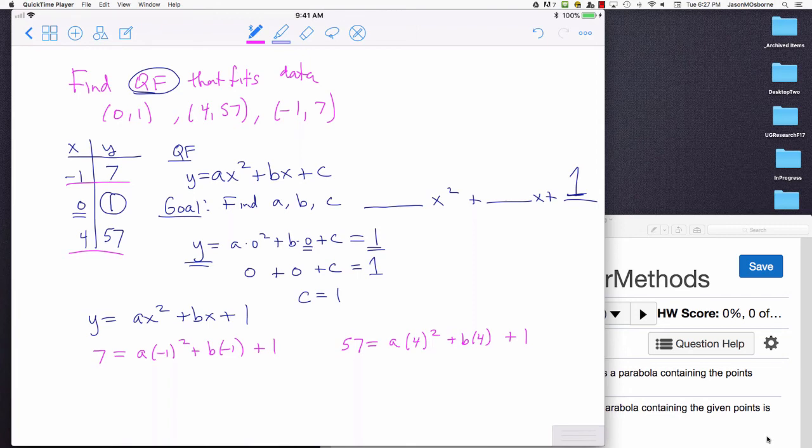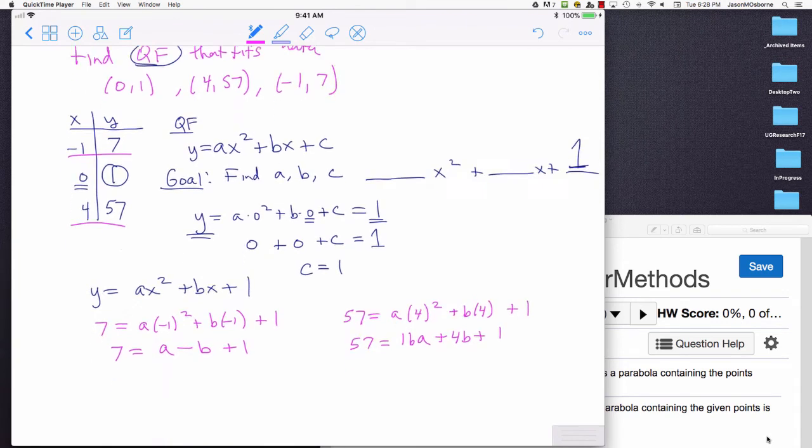And maybe we'll get some equations that we can solve. -1 squared is 1, so a, b times minus 1 here, plus 1. The other equation is 57 is equal to 16a plus 4b plus 1.